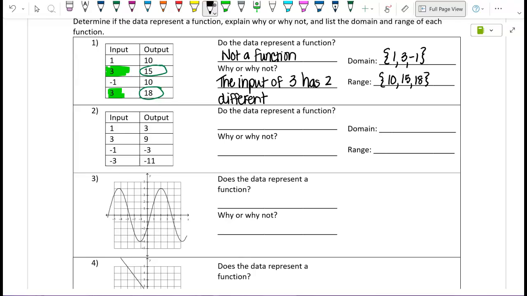I don't have any duplicate x values there. I have 1, 3, -1, -3. Those are 4 separate values. So this is a function. And we would say each input has exactly one output.